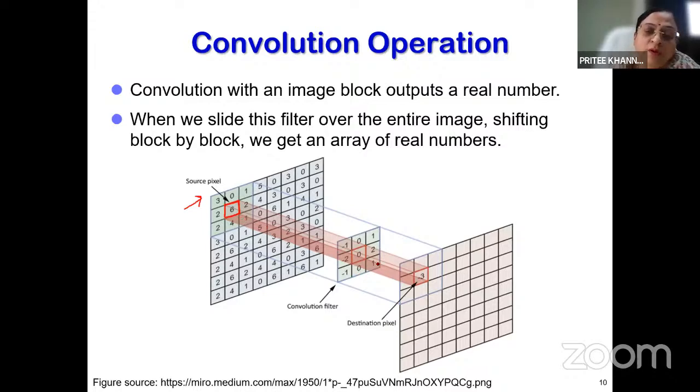Now add them all, and it will produce one real number. We write that number at the position corresponding to the pixel having intensity value 6. Here, when we do this sum of multiplication, we get the value -3.